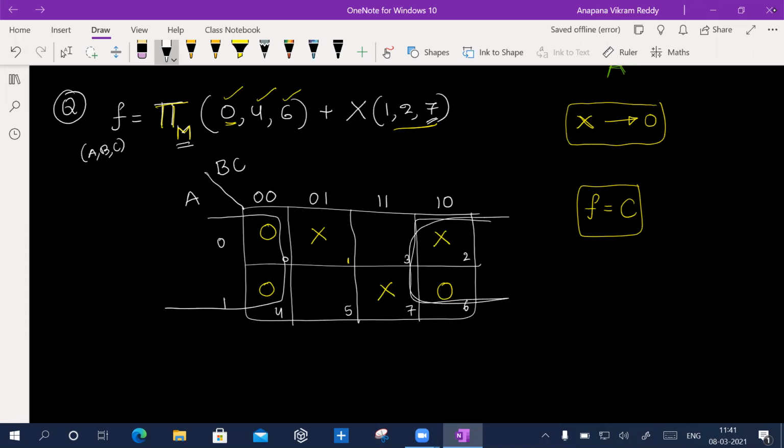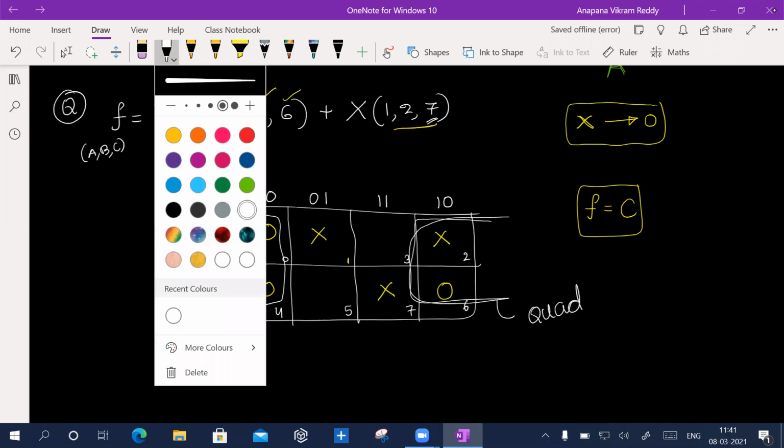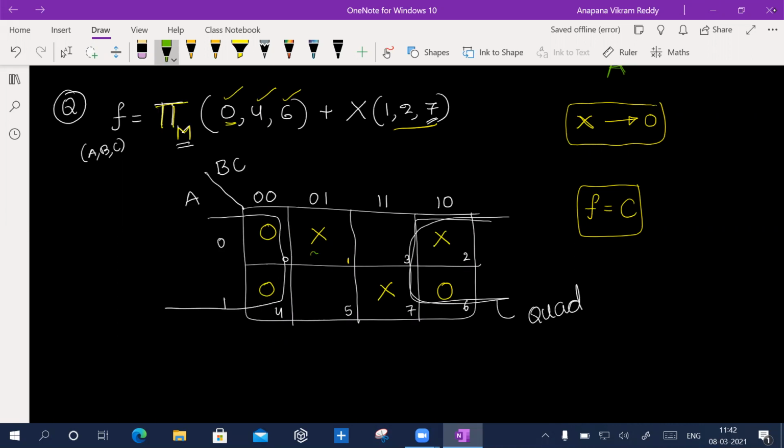So this is one quad. And what about this don't care here? Not required. Please don't do this.